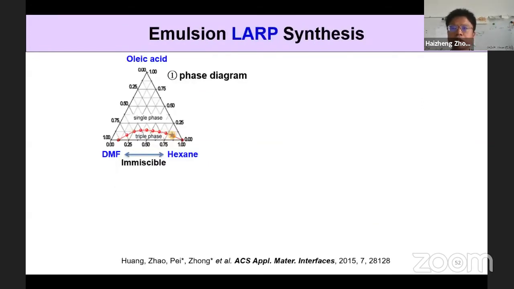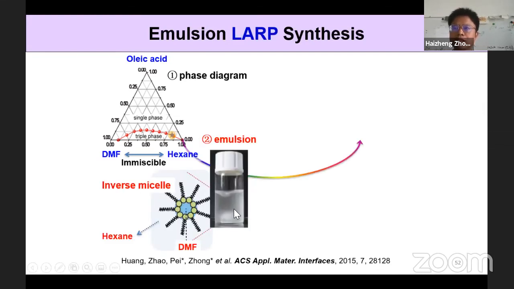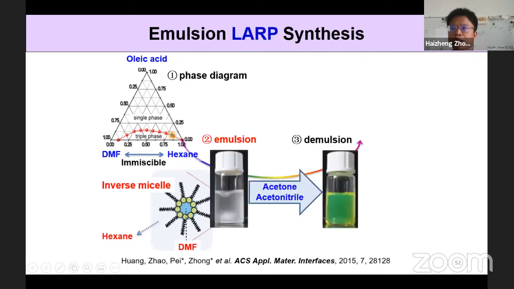So we developed a modified LARP synthesis, denoted as Emulsion LARP synthesis, by using DMF and hexane as immiscible pairs. By introducing oleic acid as a co-ligand, we obtained an emulsion solution. By using acetone or acetonitrile as the demulsifier, we obtained a good colloidal solution of perovskite quantum dots.